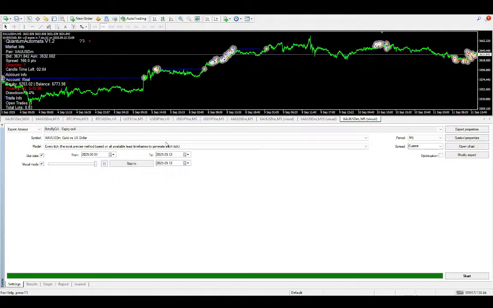All right, so then we have the work hours. Many times for people with small accounts, I suggest you stay off the Asian session. You just stay with the New York and the London session. That said, let's move to the multiplier. This lot multiplicator is for when you are using the martingale.